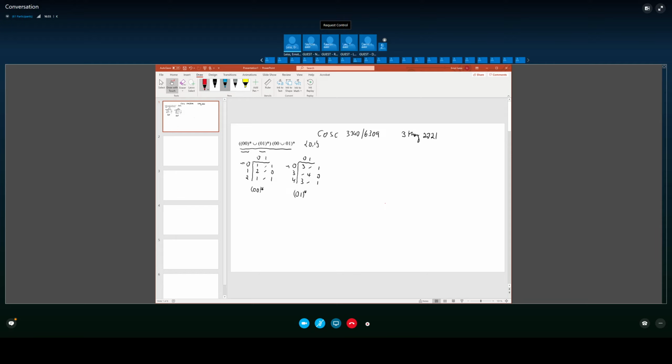Well, no, this one doesn't have a battery. Can you try opening a different application, maybe Microsoft Paint?